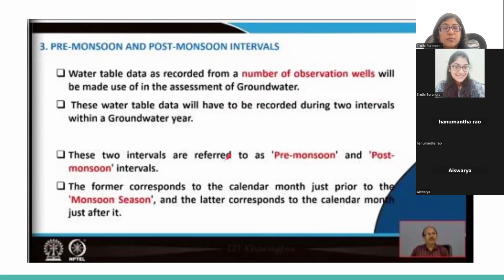Water in the post-monsoon season minus water in the pre-monsoon season is what gives us the groundwater level fluctuation.